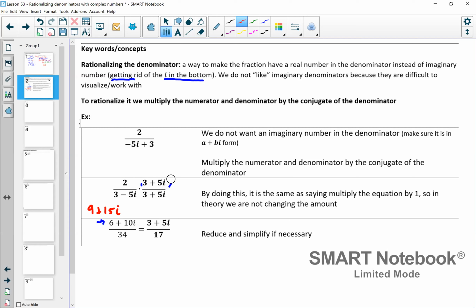Now that we multiplied everything with the 3, we're going to move on to the negative 5i. So we're taking the negative 5i now, and we're saying that times 3, which is negative 15i. And negative 5i times positive 5i, which is negative 25i squared.